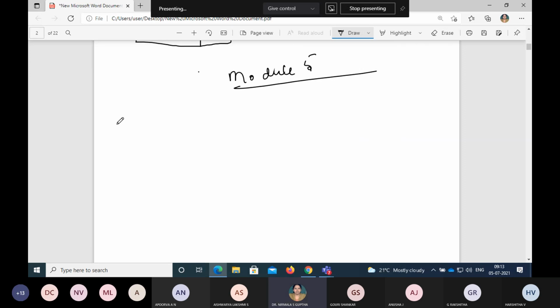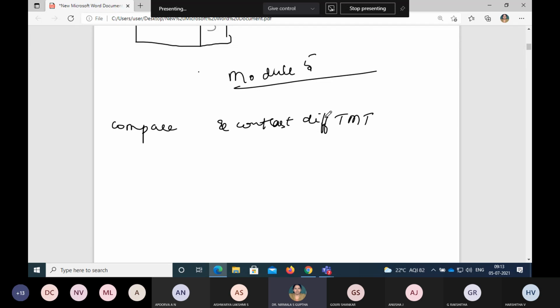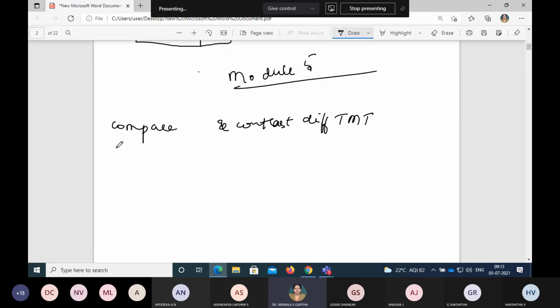As I mentioned, our objective is to compare and contrast the different text mining techniques. Before going into the depth of the different types of text mining techniques, we need to understand the very first thing, which is text mining.